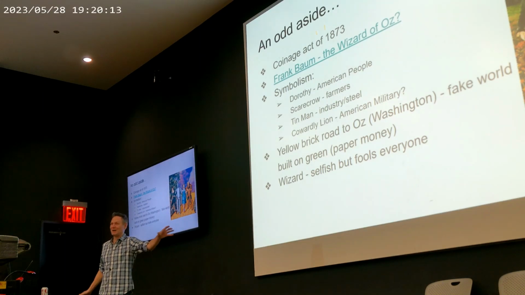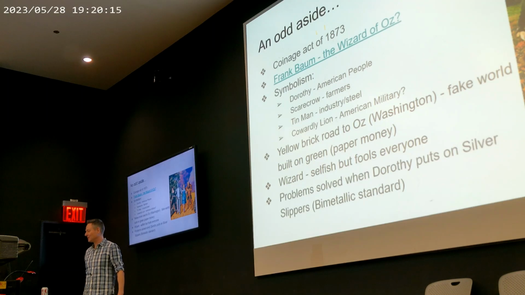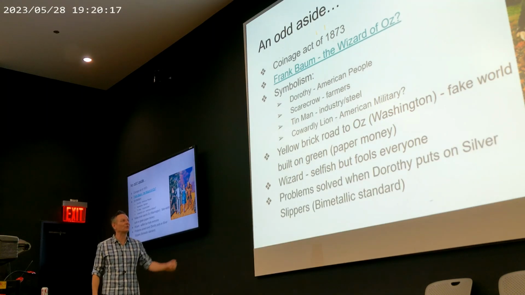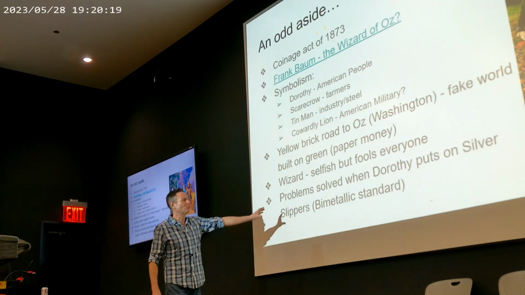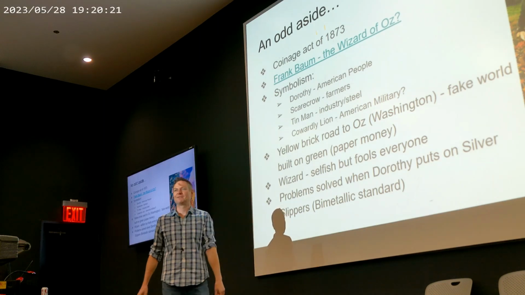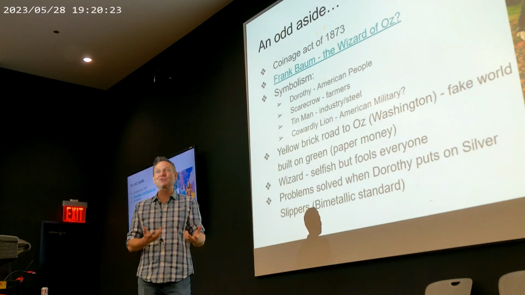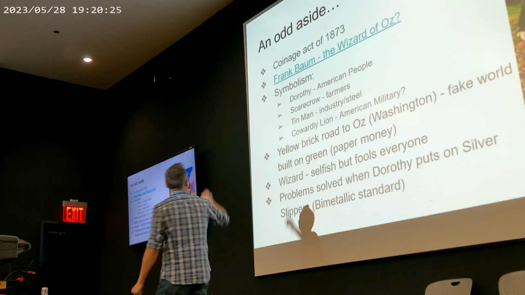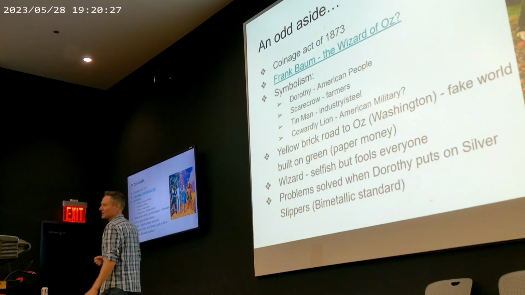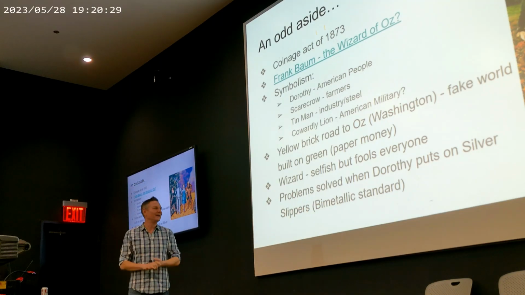So this is kind of the Washington establishment in their feelings on money. Problems are solved when Dorothy puts on silver slippers, and you might think about that as returning to the bimetallic standard prior to the Coinage Act of 1873.